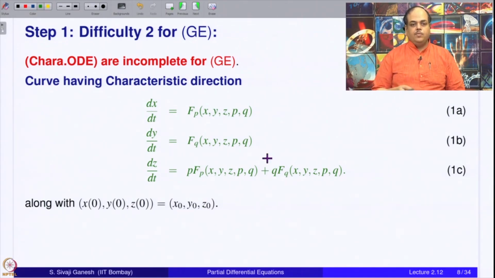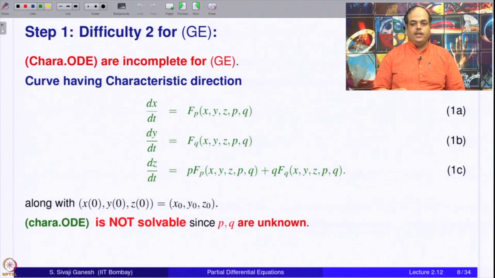Then this will be a characteristic curve passing through the point (x0, y0, z0). Unfortunately, in this system p and q are involved, and p and q also depend on the location where you are on the characteristic curve that you are trying to find. So, p and q are dependent on x(t), y(t), z(t). That is why this system, called the characteristic ODE, is not solvable.